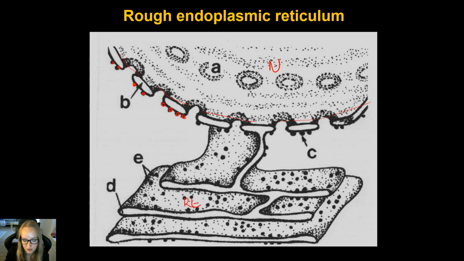So this is the rough endoplasmic reticulum. Really, rough endoplasmic reticulum and nuclear envelope are very close to each other, and they are interconnected, so probably they are the same structure. Can't really tell, a nuclear envelope is a little bit different, but on the other hand it's so similar to endoplasmic reticulum.